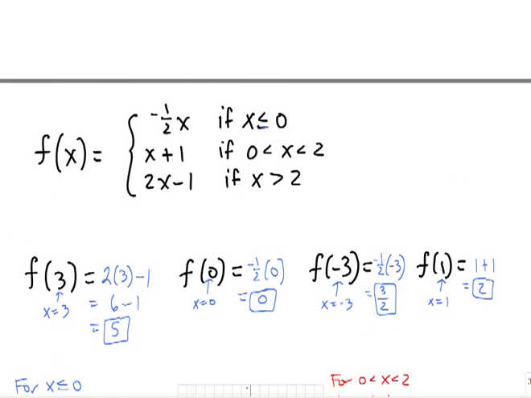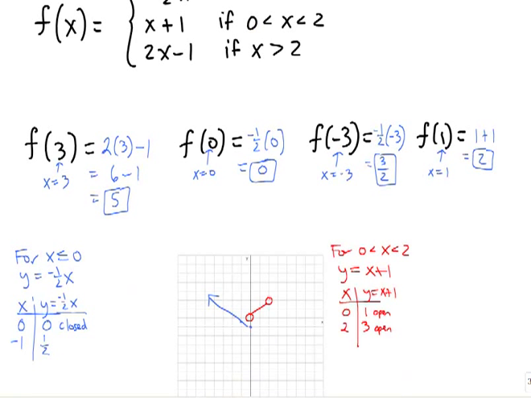Okay? For the last one here, we have the x greater than 2, and we want to graph that for 2x minus 1. So I'm going to do a third table for x's greater than 2. So for x is greater than 2, and the rule is going to be y equals 2x minus 1.